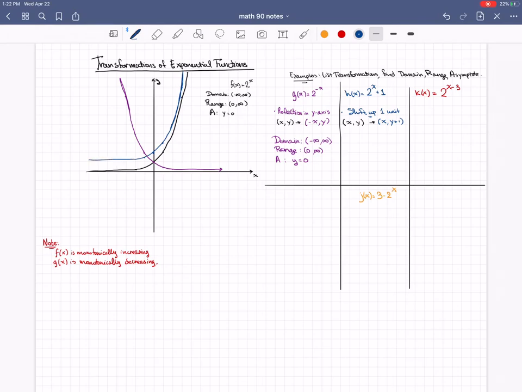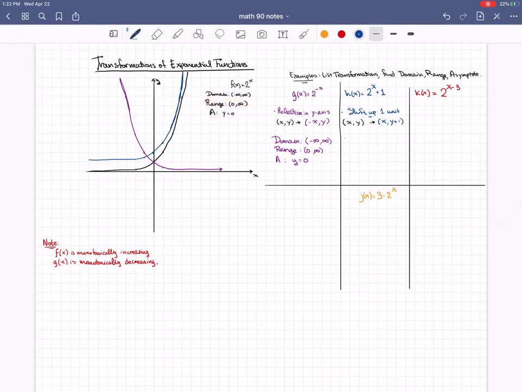Now, notice that in the original black graph, as we were moving further and further left, the y-coordinates got closer and closer to 0 without ever getting there. When we shift up, we see the exact same behavior, except now we're getting closer and closer to 1, not 0. So this shift up is going to impact both our range and our asymptote.